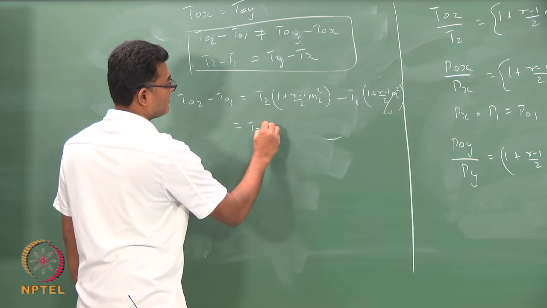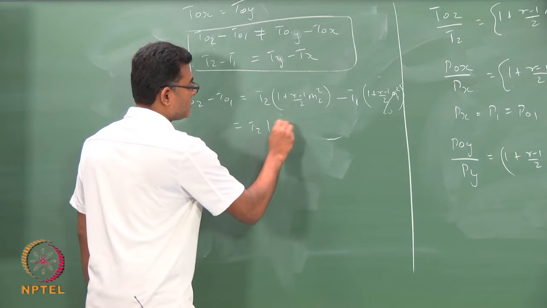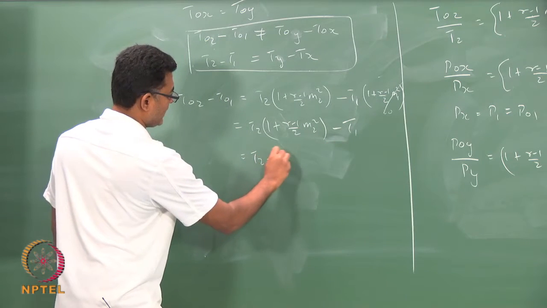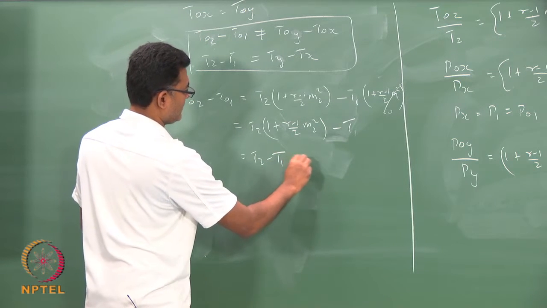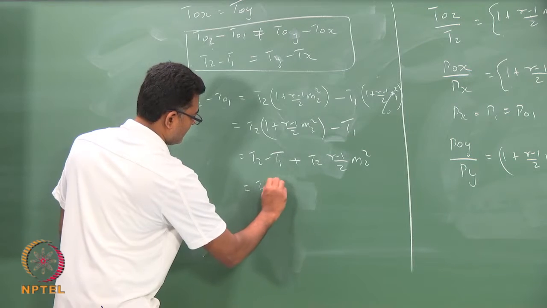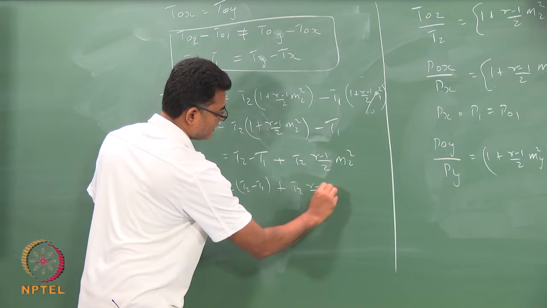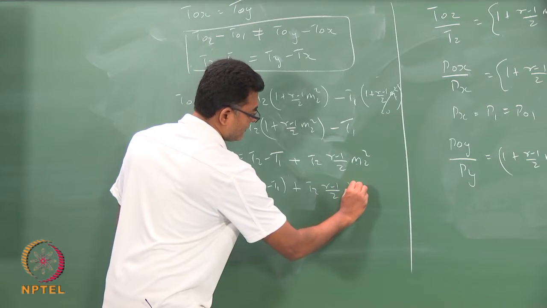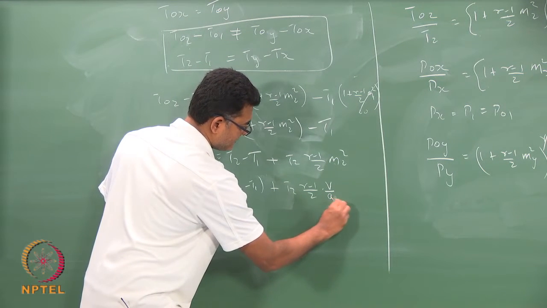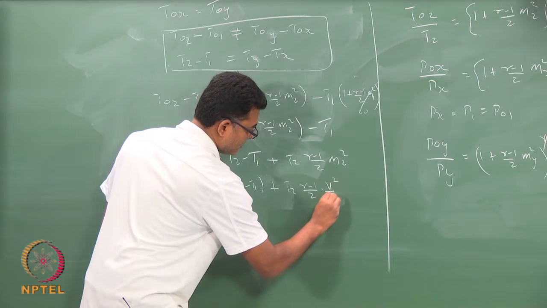So, I have T2 minus T1, plus T2 into gamma minus 1 by 2 into M2 square, which I replace M2 in terms of velocity, V2 by a2, and replace a2 as gamma R T2.